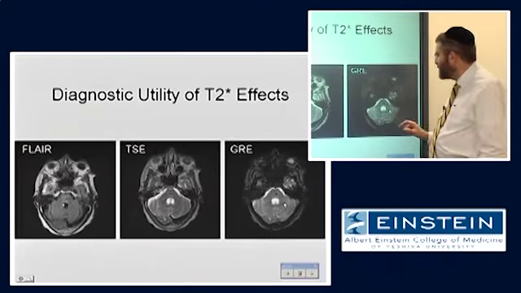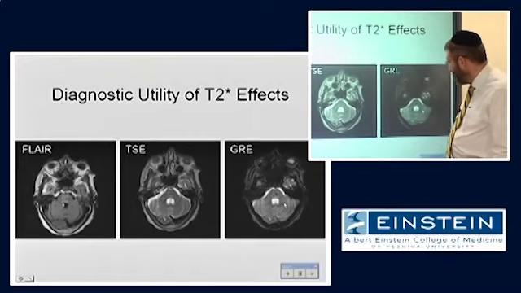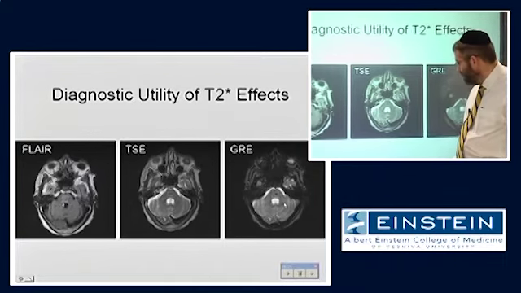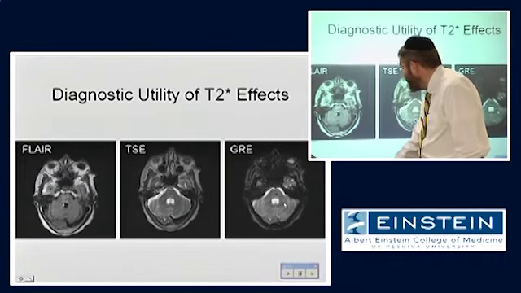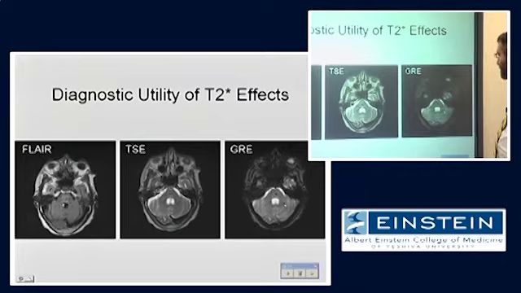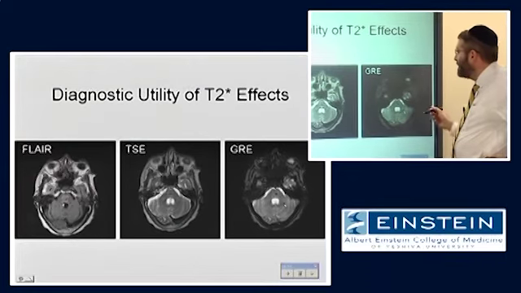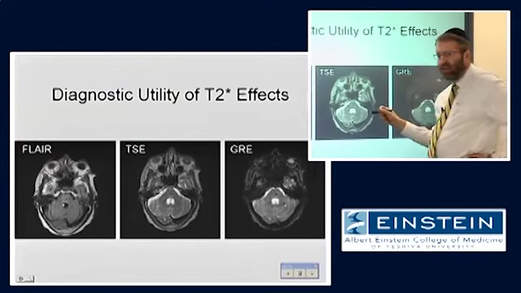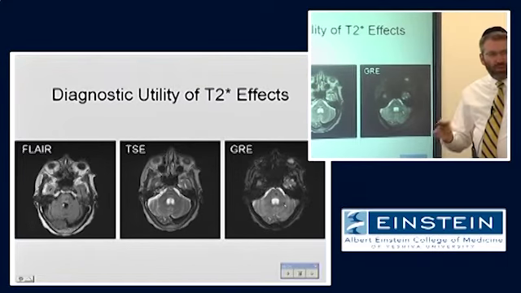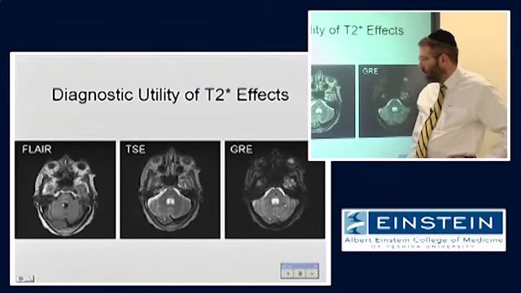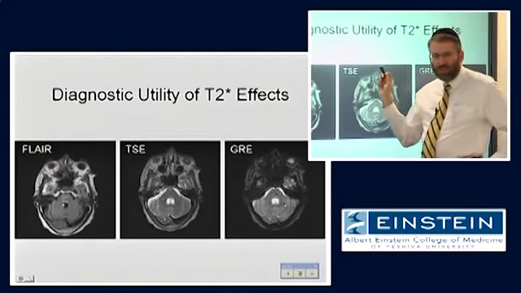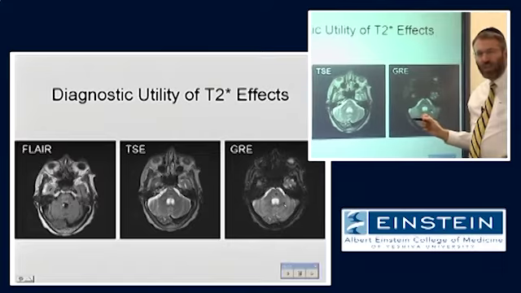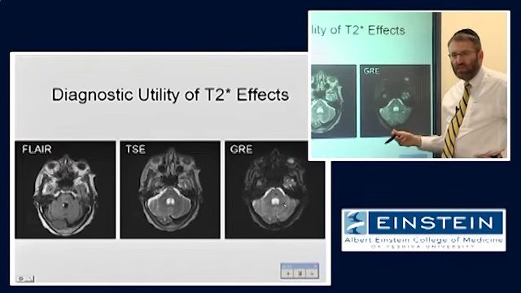So, first thing, before we look at this actual blood issue, I want to make the point, as the radiology people are probably all well aware, that these magnetic susceptibility effects are not just nuisances that we have to put up with, but they actually have diagnostic utility.